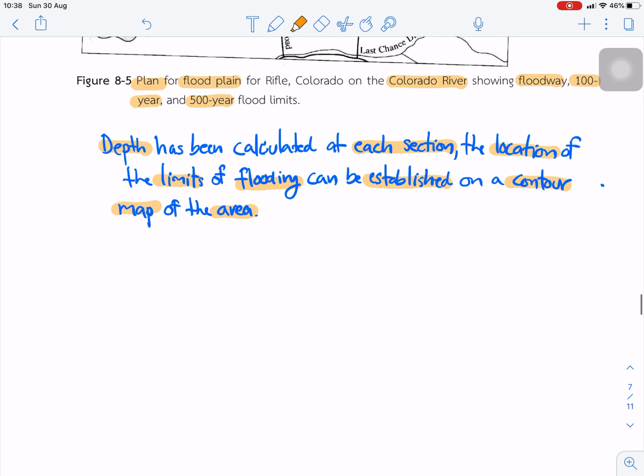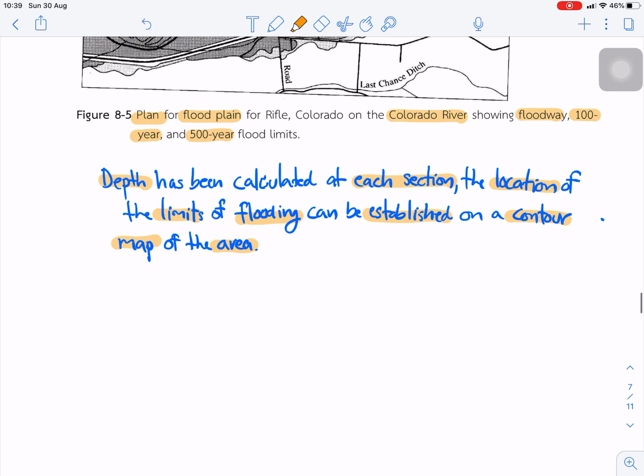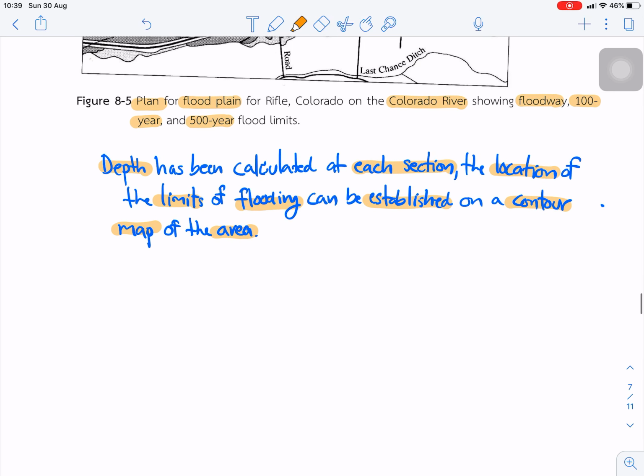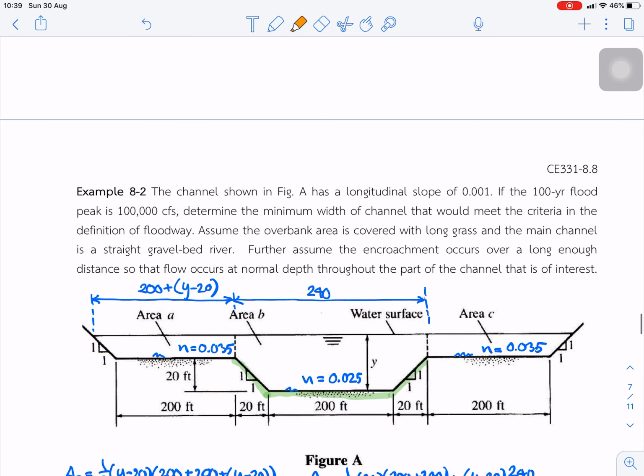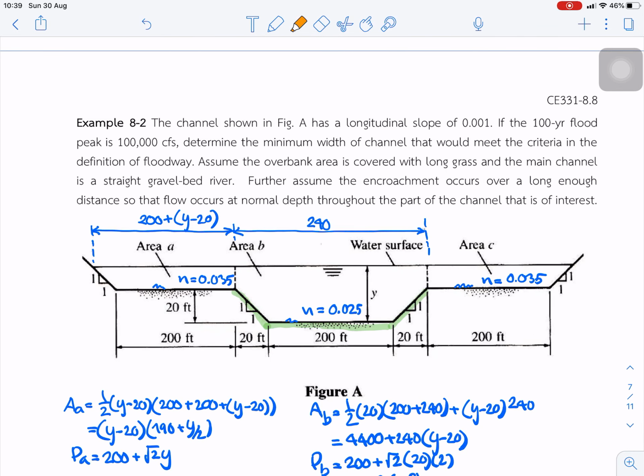The next example shows how to identify the encroachment, or the location of the limit of the flooding. In this example, the channel shown in the figure below has a slope S naught of 0.001, and the 100 year flood peak is 100,000 cubic feet per second.